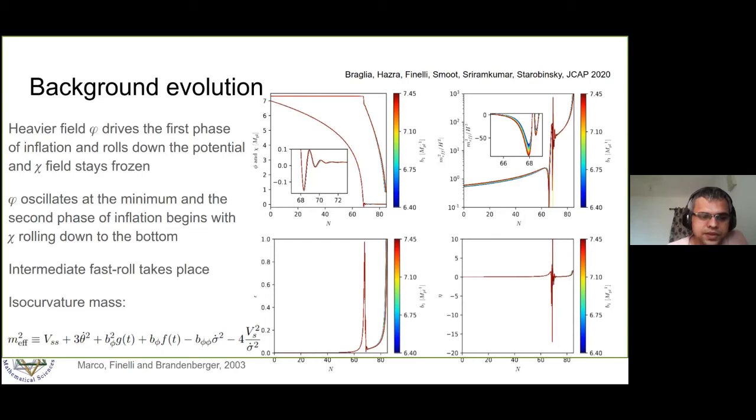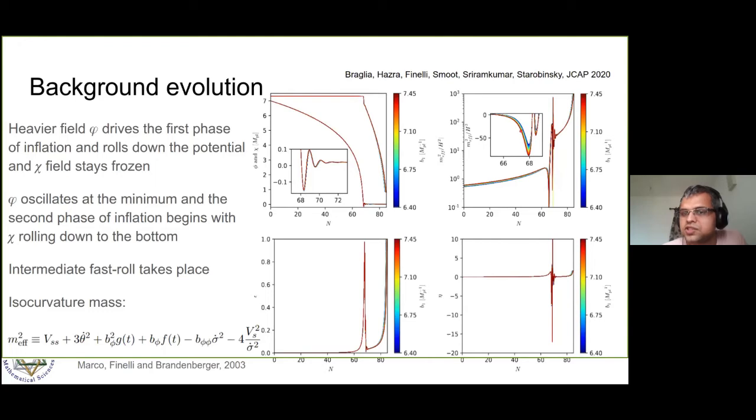So the effective mass of the isocurvature perturbation is given by this. And you can see that while you cannot see much difference in the background evolution given by this B1, which is the non-canonical coupling, the isocurvature mass, you can see the change in this zoomed plot here.